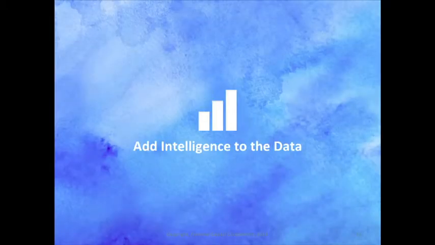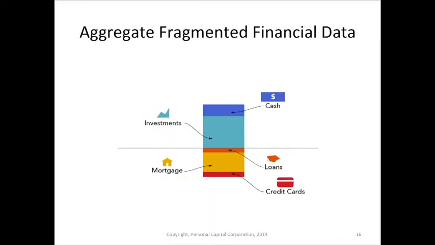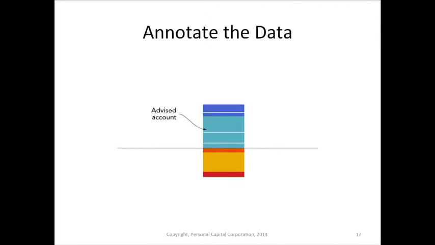The third principle is to add intelligence to the data. This is another reason why owning the data is so important. So we can effectively model a user's financial life and add intelligence to the aggregated data. Here's how we did it through our advice engine. The first step was to create a holistic view of users' financial standing and understanding her true net worth.